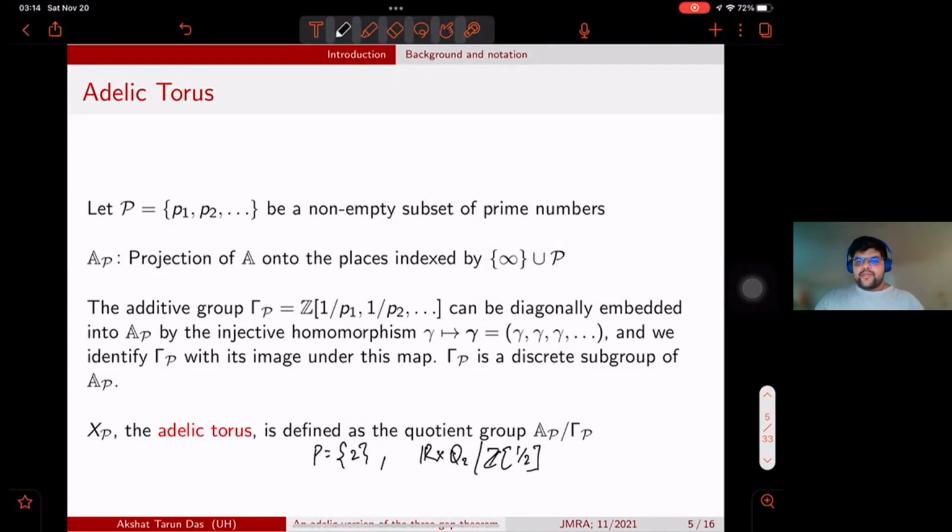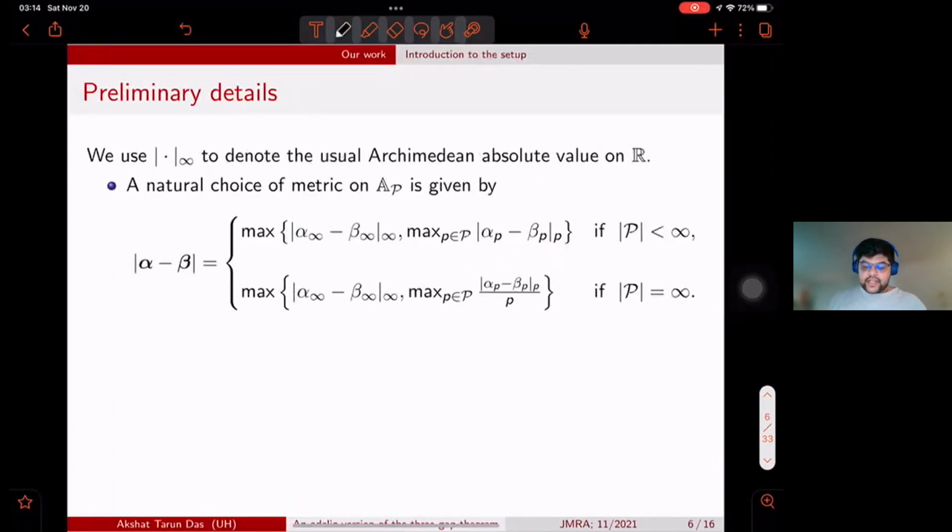Okay, so as I said, this is metrizable. So to move ahead, we need a metric. What we do first is define a metric on AP. For that, it is again defined in two different cases: one where the set of primes is finite, and one where the set of primes is infinite. For the case when it is finite, this is nothing but the maximum metric.